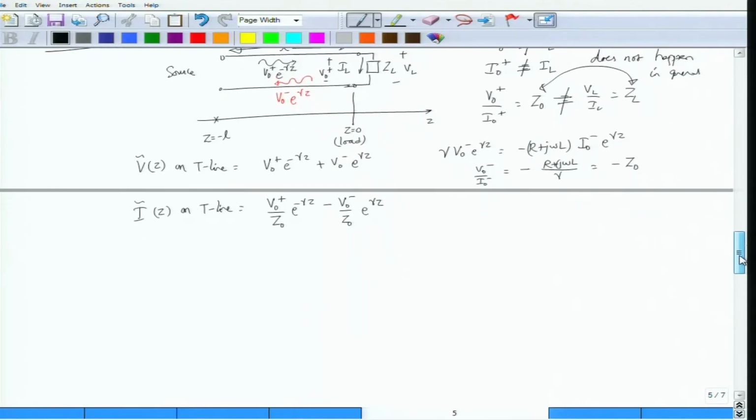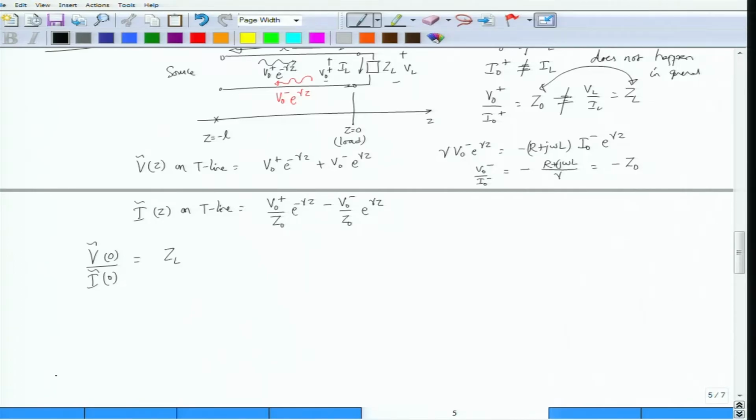Both voltage and currents consist of incident as well as reflected waves in order to satisfy the boundary condition. Have we actually satisfied the boundary condition? Well, let us look at what happens. Let us assume that V at z equal to 0, which is the load that you are considering, must be equal to ZL.